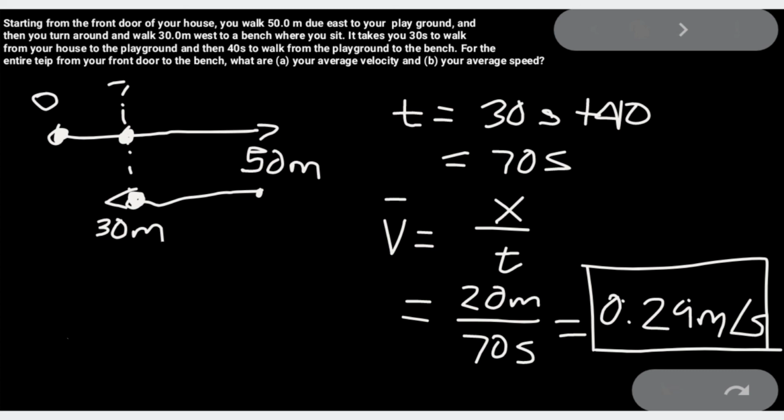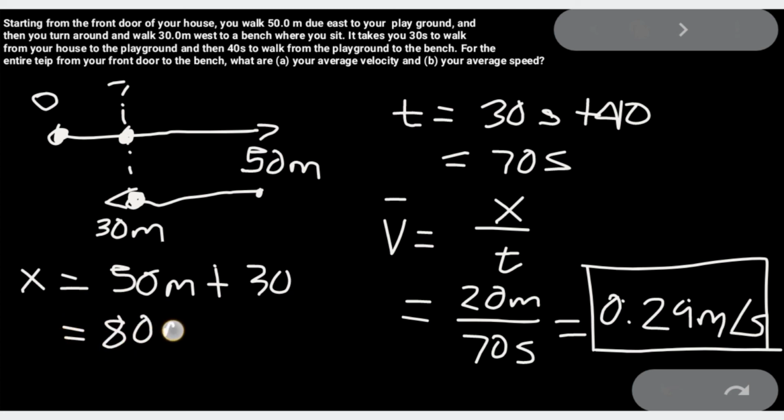So our distance is 50 meter, then 30 meter. So we get the total measurement of the travel, which is 80 meter.